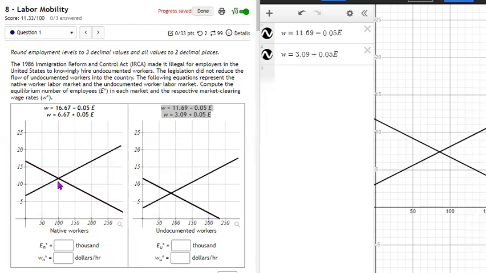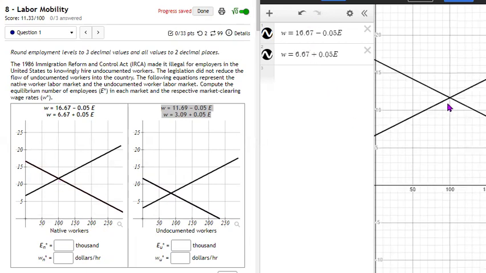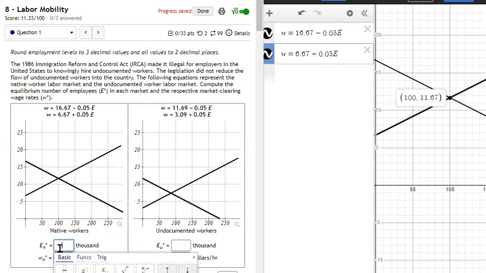Okay, the equilibrium native worker wage and level of employment is just found by clicking on the intersection of demand and supply, the graphs of those two equations. And so we have an employment level of 100, which makes sense, right?